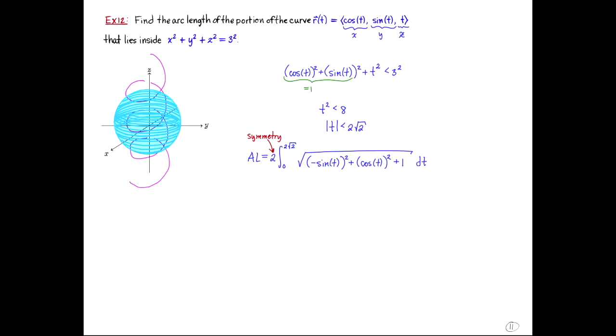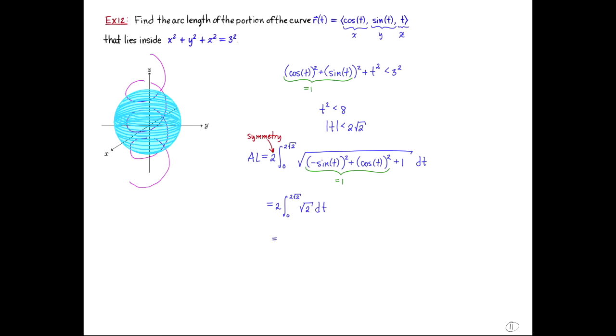Once again, we have a sine squared t plus a cosine squared t, which is equal to 1. Simplifying, this is equal to 2 times the integral from 0 to 2 square root 2 of the square root of 1 plus 1, which is 2, dt.